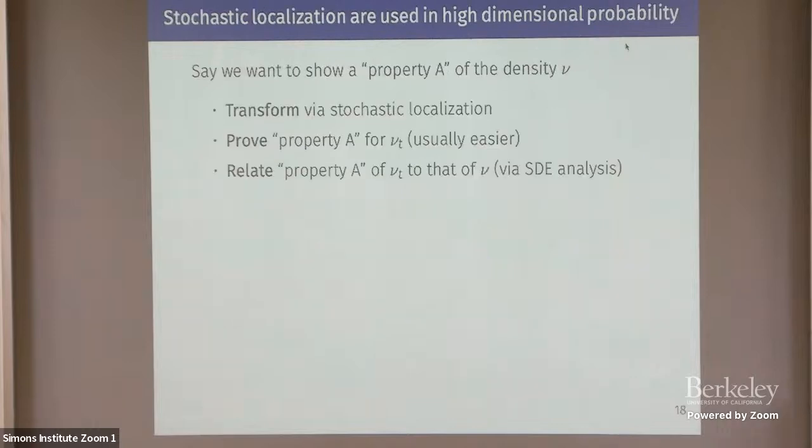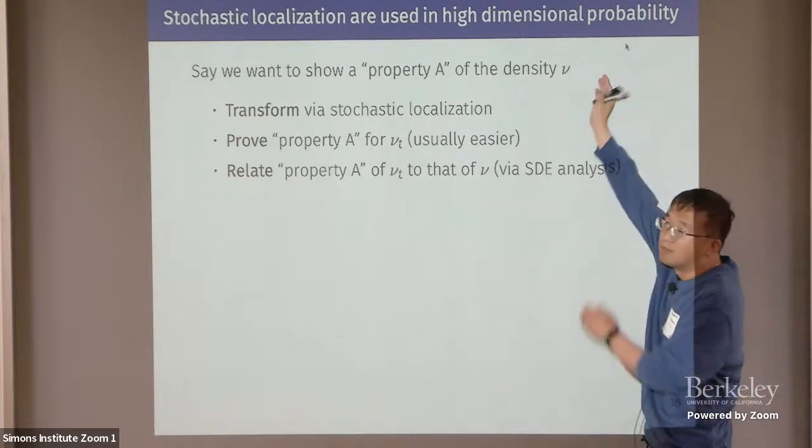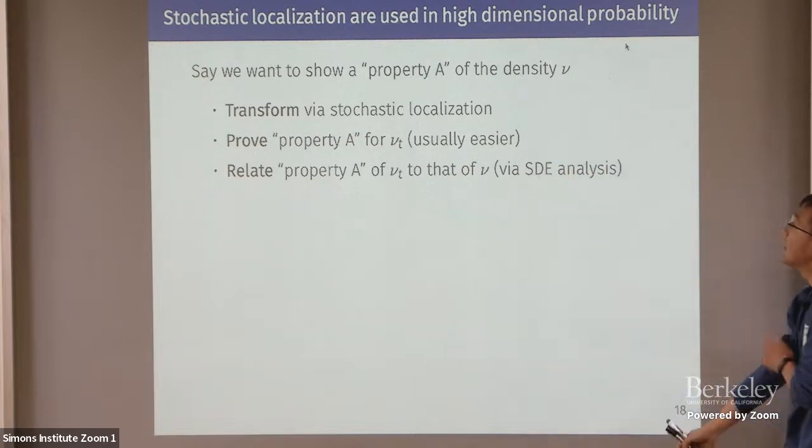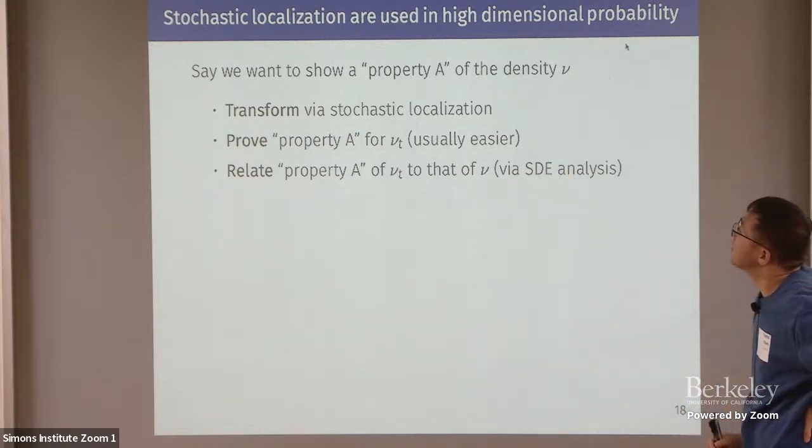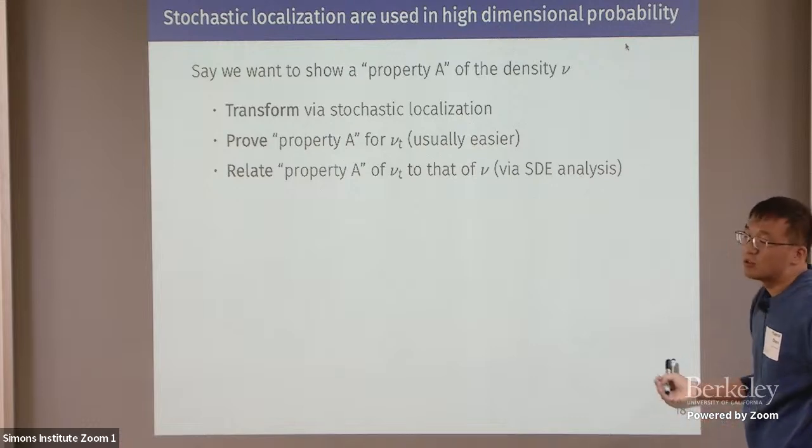This stochastic localization technique is used a lot in high-dimensional probability as a proof technique. In general, this type of proof technique works like this. You have some high-dimensional measure mu, and you want to show some high-dimensional property of this mu, and it's not easy to show it directly.